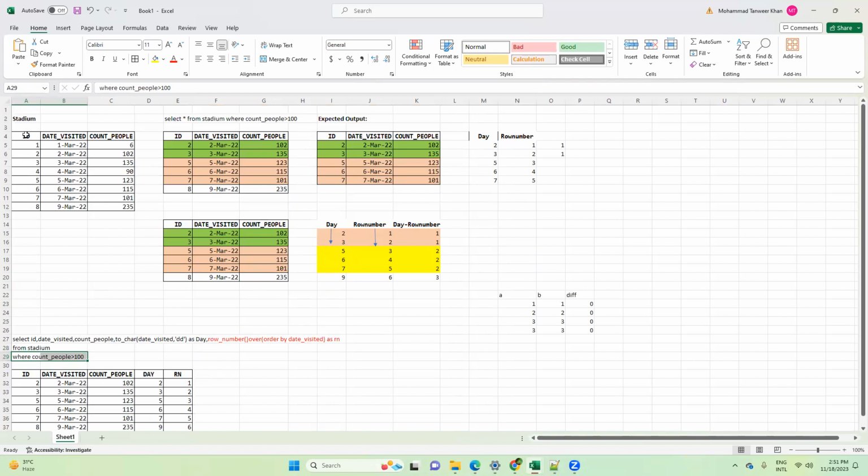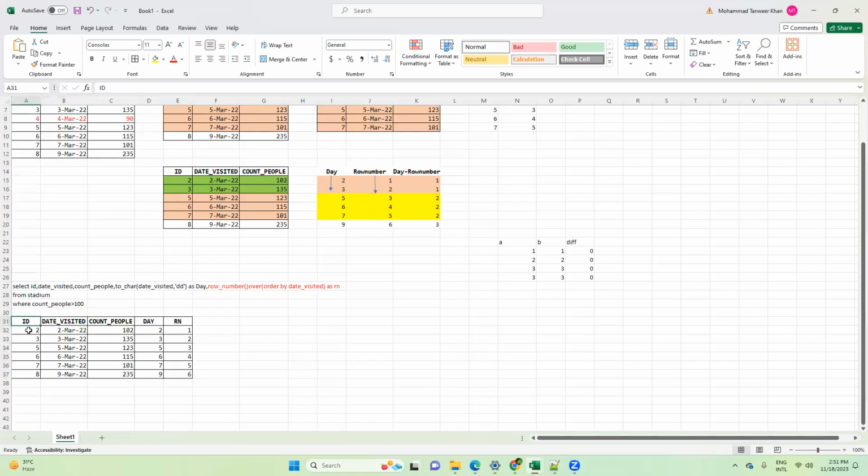So it has filtered out all the records where it is not greater than 100, and as a result, this one and this one were rejected. Now on the remaining, filtered records, the engine has applied the row number 1, 2, 3, 4, 5, 6. Got it? So that's why window functions are always applied after filtering the data.